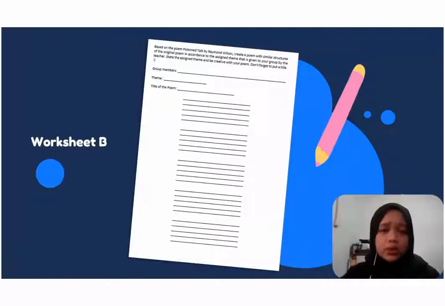So the second worksheet is where they can be creative by creating a poem using a similar structure as Poison Talk, and it has to be based on themes that will be given by the teacher. Then, together with their group mates, they will recite their poems aloud with correct pronunciation and intonation.